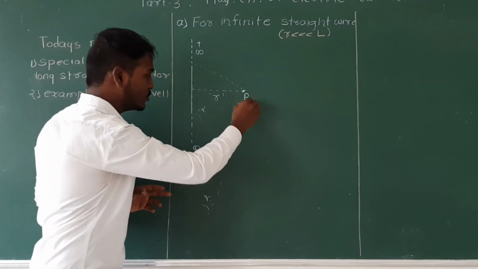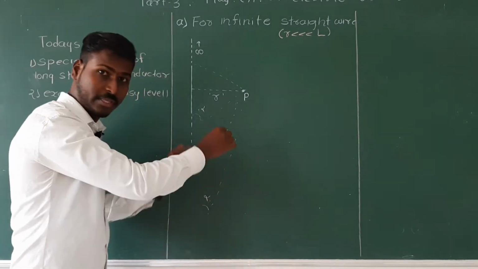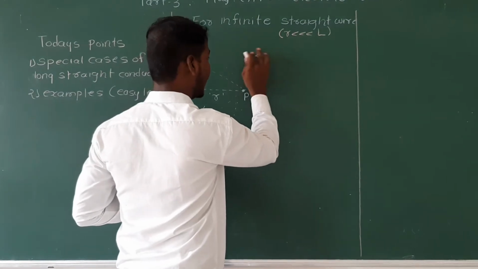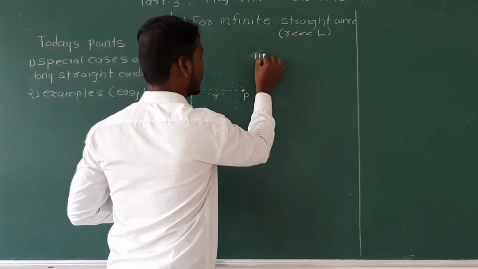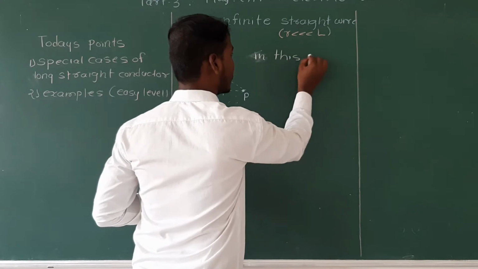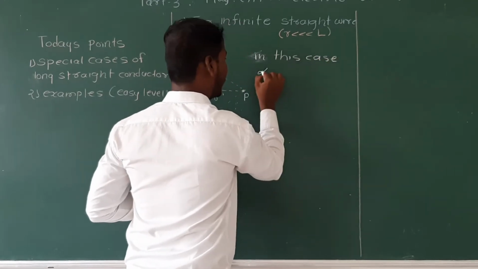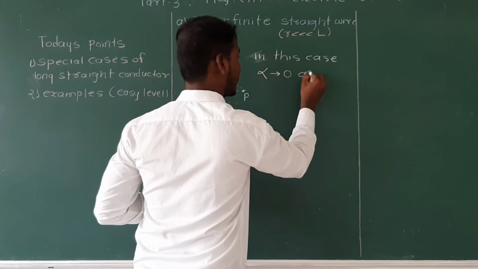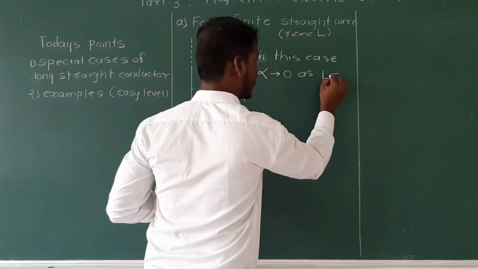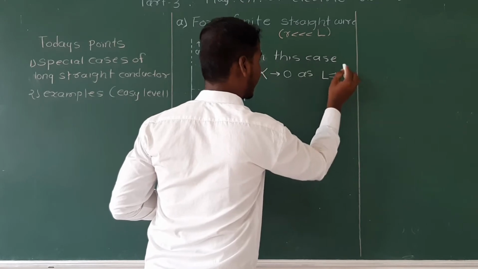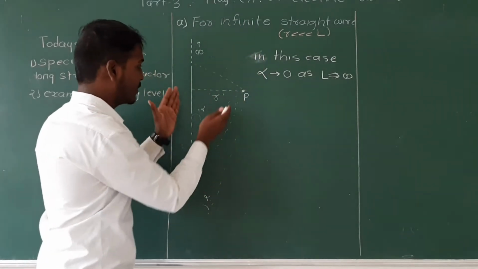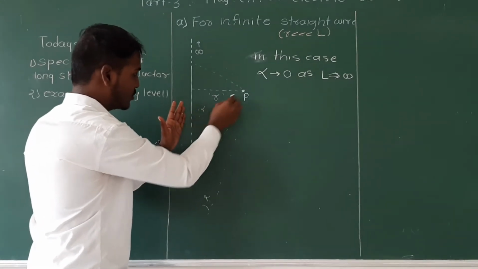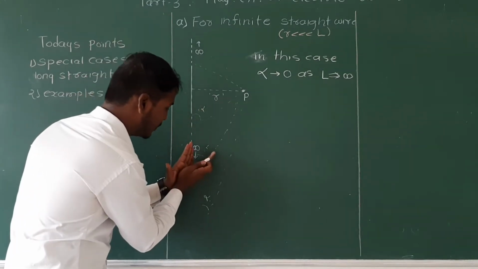Now this line is going to infinity, so at infinity alpha tends to 0 as the length of this conductor tends to infinity. Because when the length is short and I draw the angle here, this angle will be large as compared to this angle, and this angle will be very small.